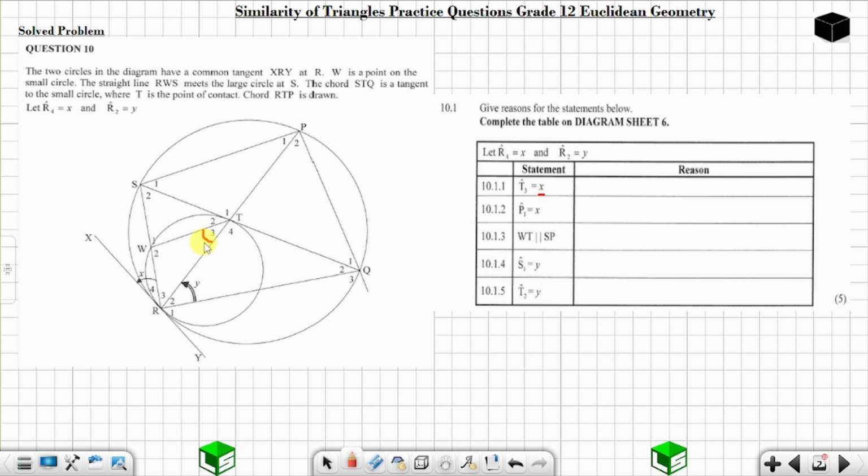So you can see if you use this small circle, you have a tangent.